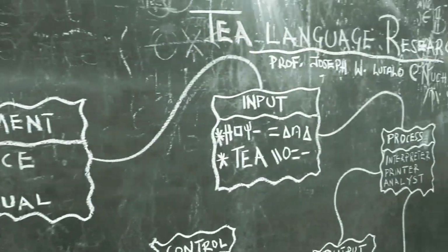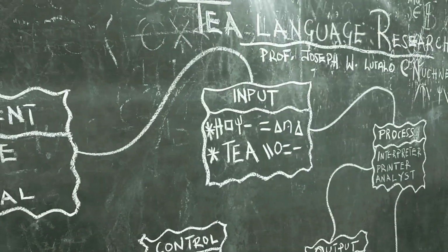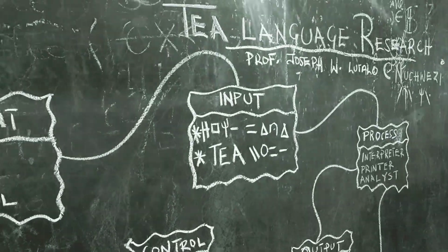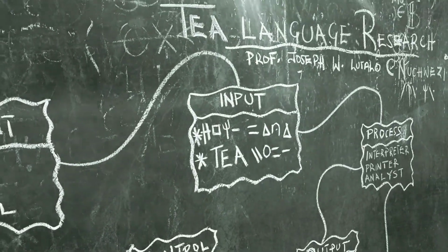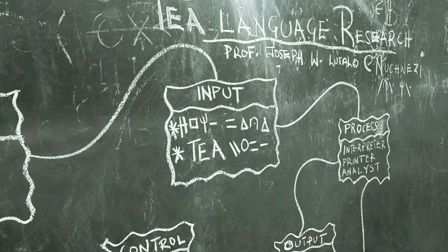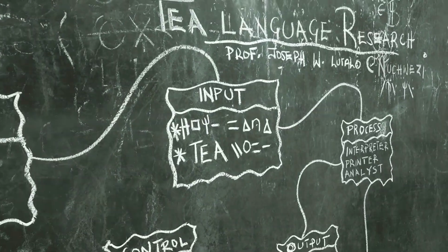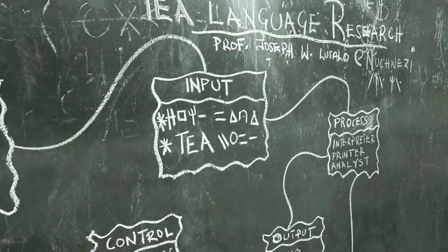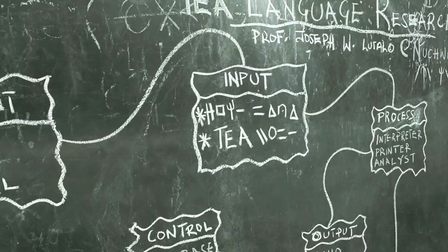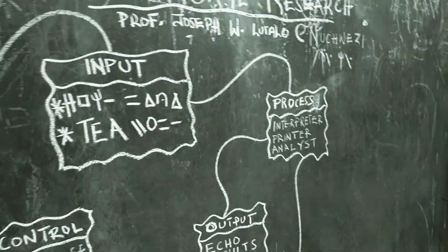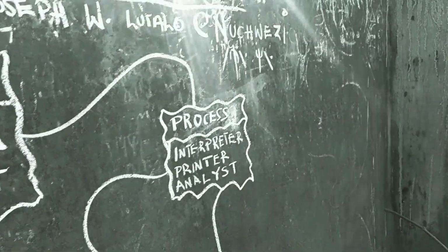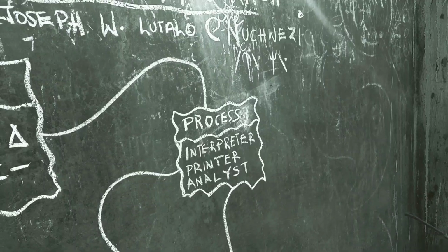Then there is a manual guiding users on how the TEA language works and how the interfaces are defined. Then we have inputs, in most cases TEA source code or raw data, and this is what is then processed by the TEA interpreter.